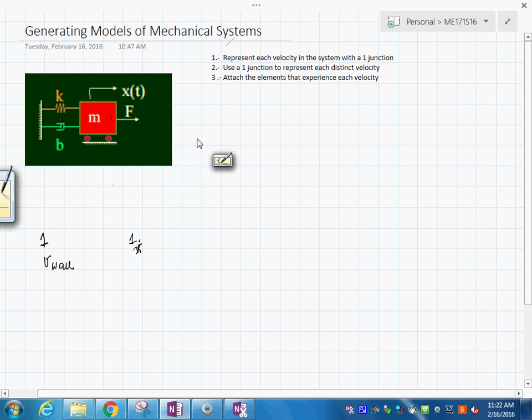We need to represent the inertia element. And we need to represent these forces that are acting on the mass. So in this case, the first thing we have to do is to put the sources. I'm just going to use red. So in here, we're going to put source of effort.